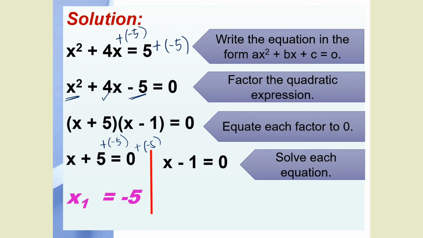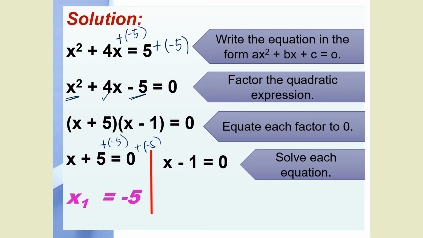x, or we can label as x sub 1, equals, on the right side, 0 plus negative 5 is negative 5. And then, in the other factor, we have x minus 1 equals 0. The same procedure, dahil nga we need to cancel this negative 1 on the left side using addition property of equality.